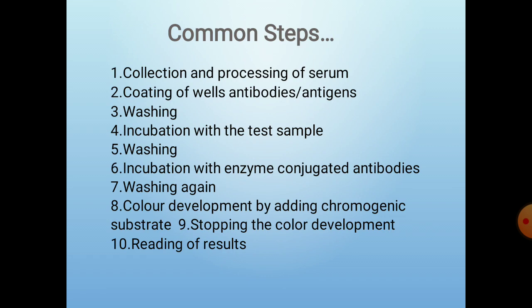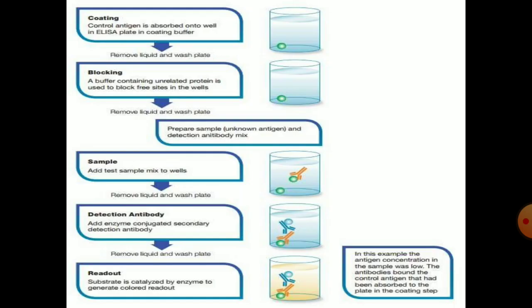The main common steps in all those types are collection and processing of serum, coating of wells with antibodies or antigens, then washing, incubating with test sample, then again washing, incubation with enzyme conjugated antibodies, then again washing, color development by adding chromogenic substrate, and then stopping the color development, and in the last we read the results.